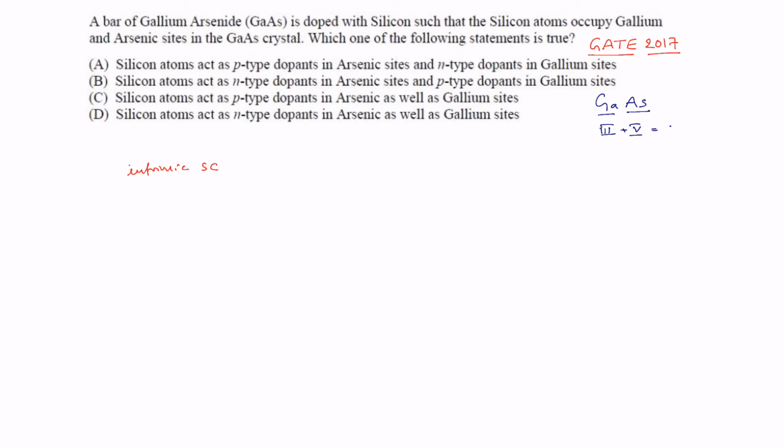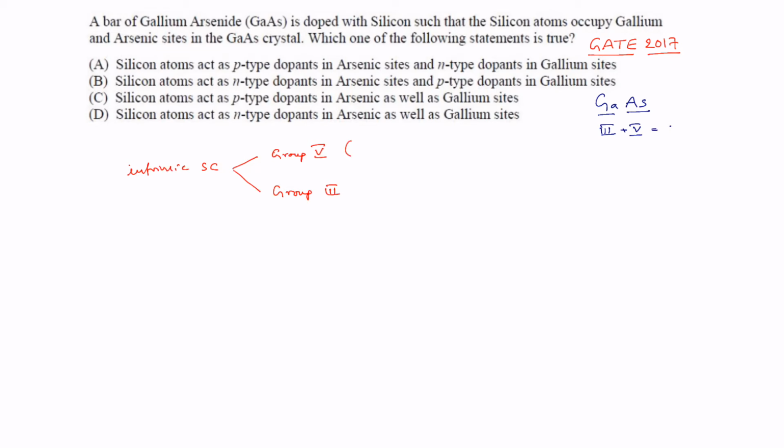Adding impurity is called the process of doping. You can add a pentavalent atom, meaning group 5 elements, or a trivalent atom, that means group 3 elements.